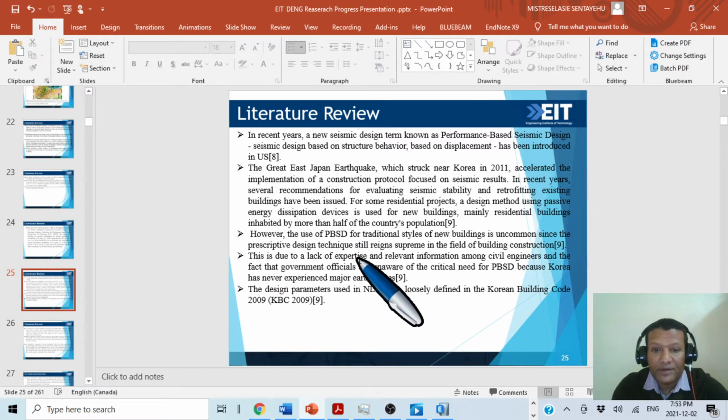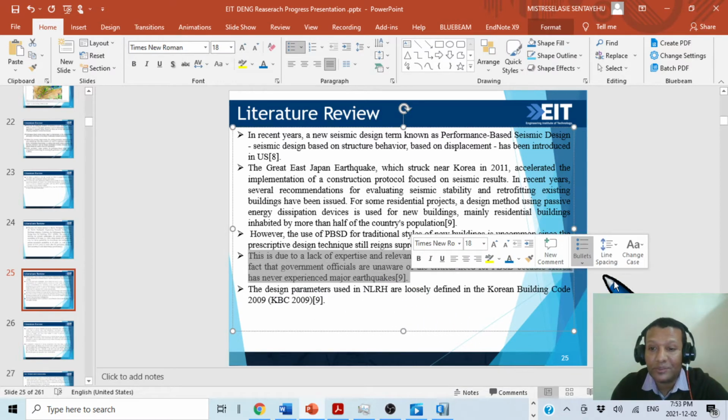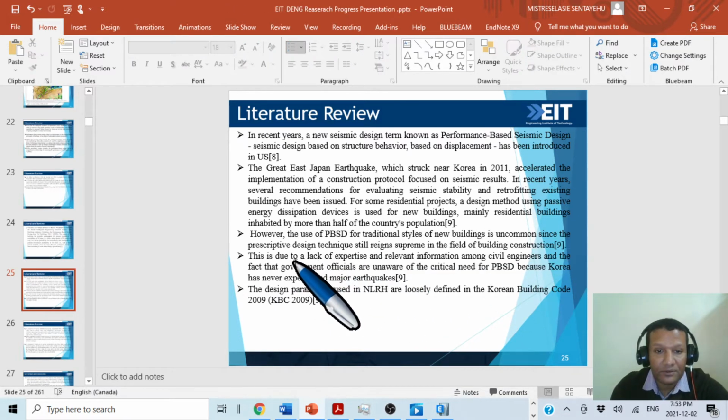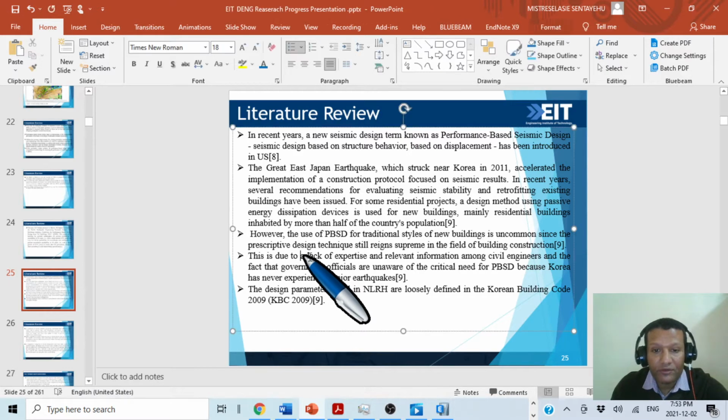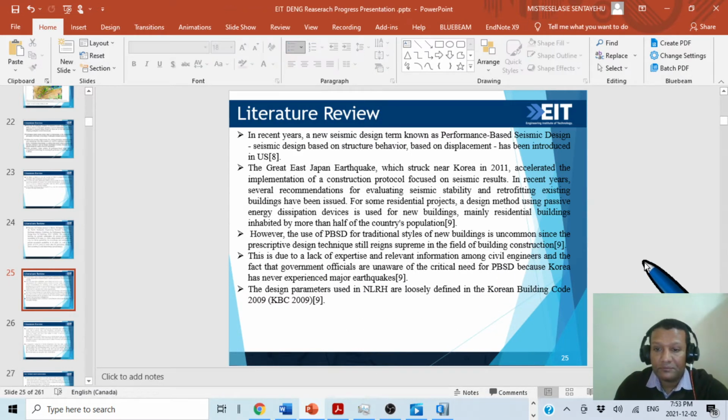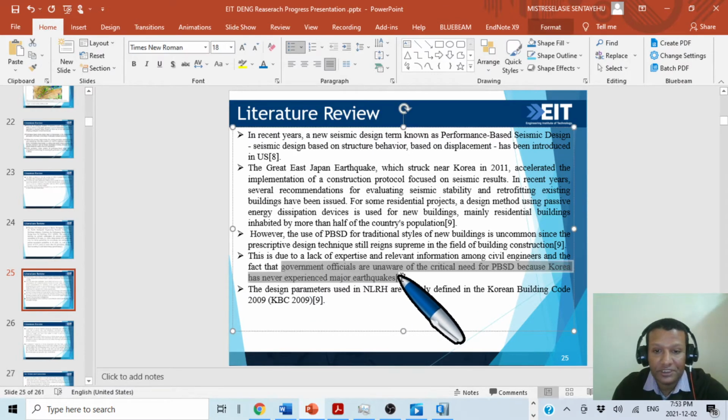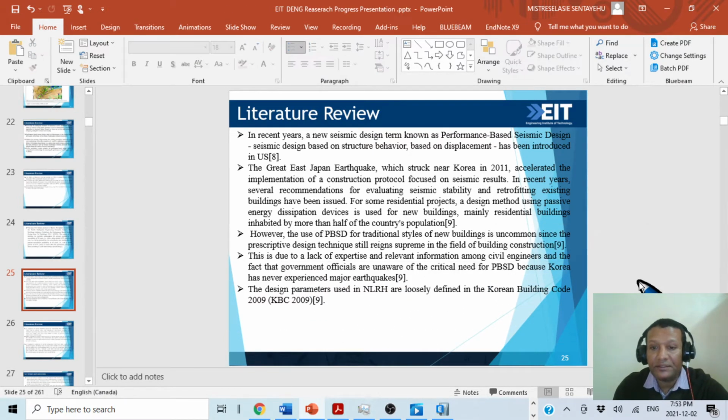This is due to lack of expertise and relevant information among civil engineers, and the fact that government officials are unaware of the critical need for PBD because Korea has never experienced many major earthquakes. This also works for Ethiopia and most parts of the world because we have lack of expertise on PBD, not only Korea. And the government officials are also unaware of the critical need for PBD.